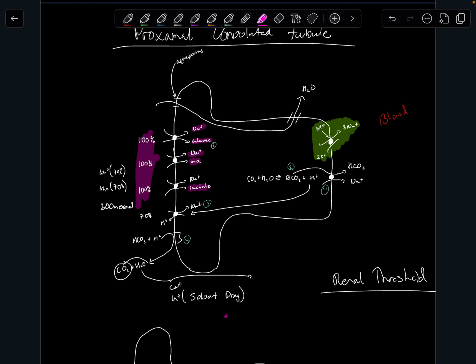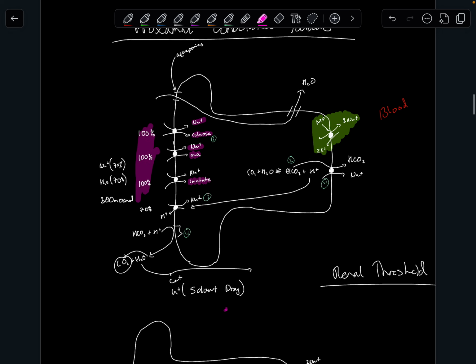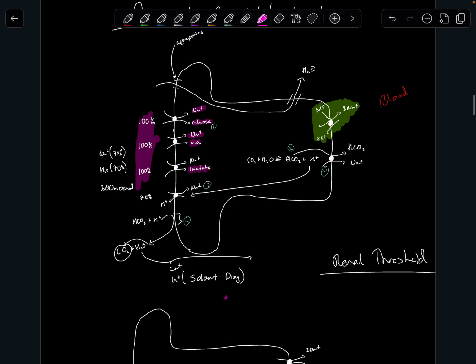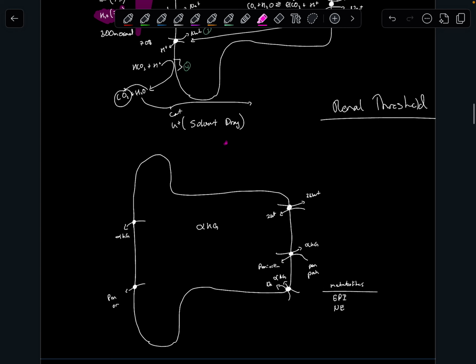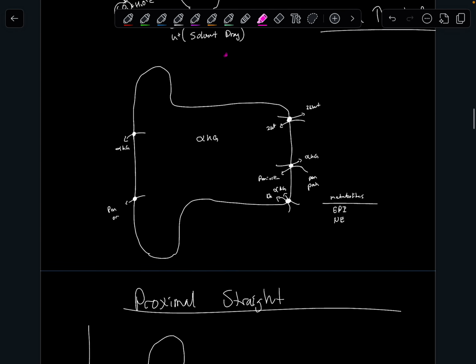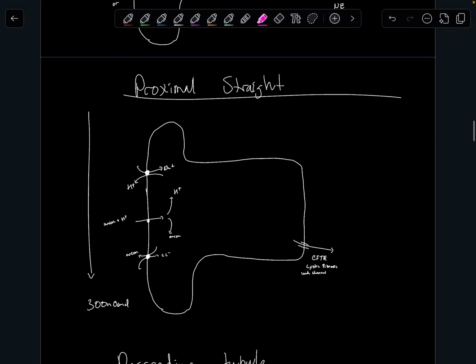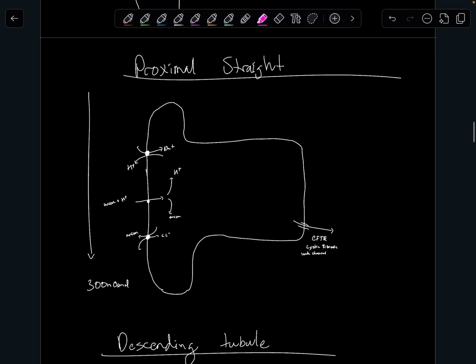We're going to further move on. A lot of this stuff is kind of confusing. We won't jump too much into it. But just know, too, that 70% of the water is reabsorbed in this portion here. Okay, as we move further down, we'll hit the proximal straight tubule, and we have sodium coming in and hydrogen coming out.